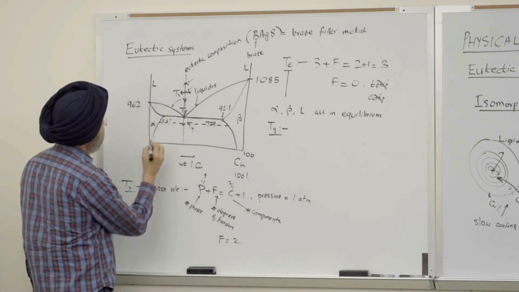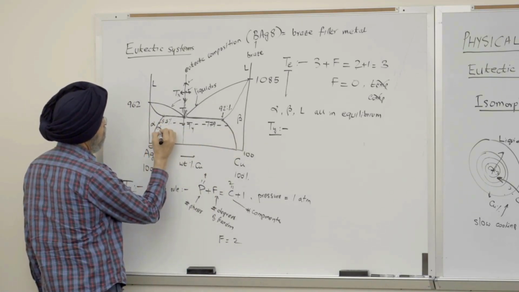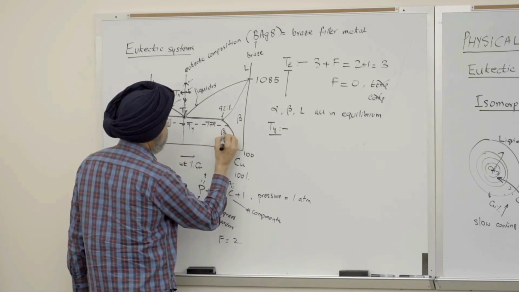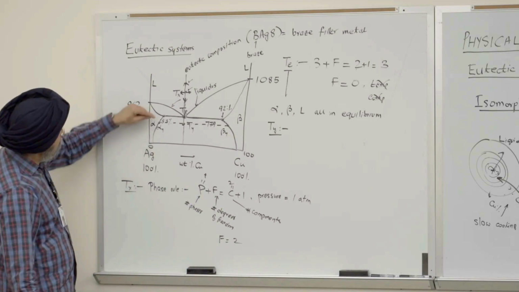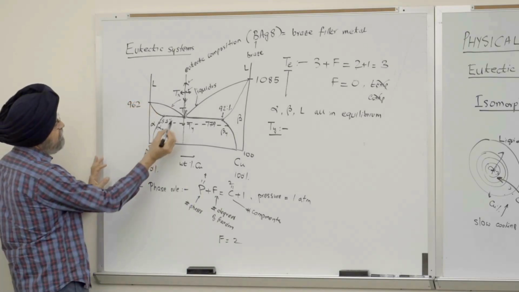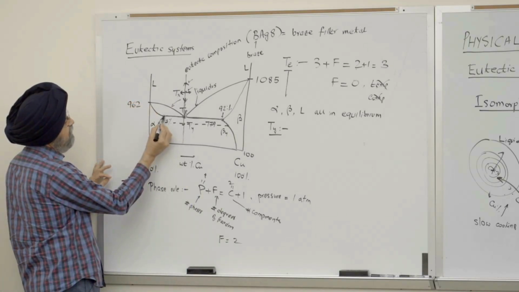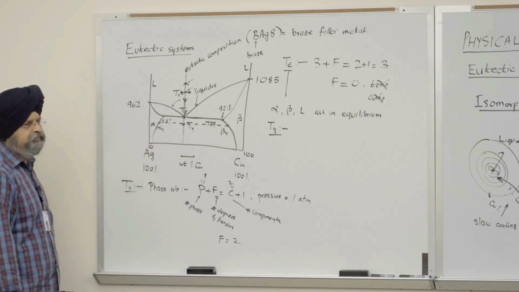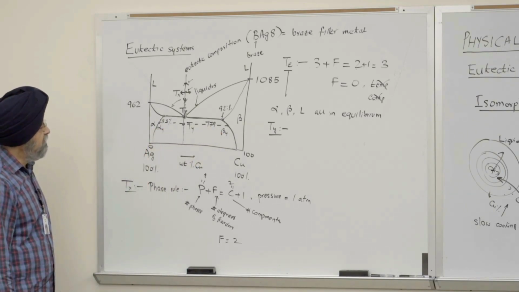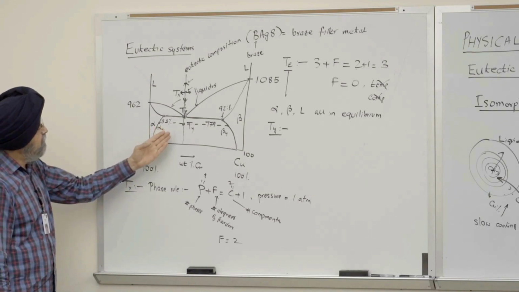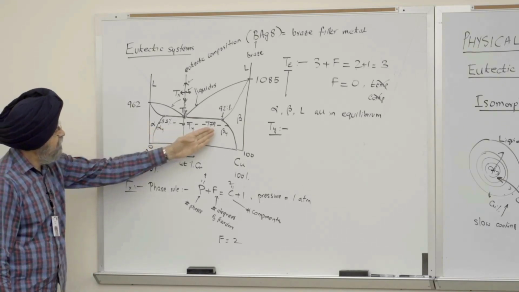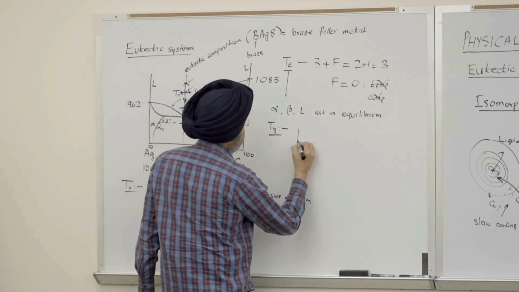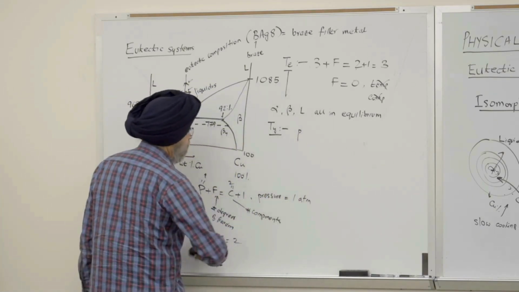At Ty, the composition of alpha will be alpha Y, composition of beta will be beta Y. See, the composition changed. As I cool down, the composition alpha went from here to there, beta went from here to there. Now you might ask, how much alpha do I have? How much beta do I have? So for that, we apply the lever rule.